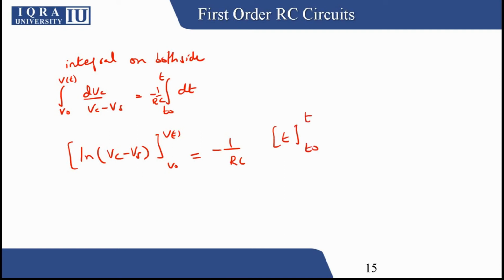If we implement this, we can say ln V of t minus Vs minus ln V naught minus Vs equal to minus 1 over Rc times T naught minus T. And if we assume that T naught equals 0, this becomes negligible.